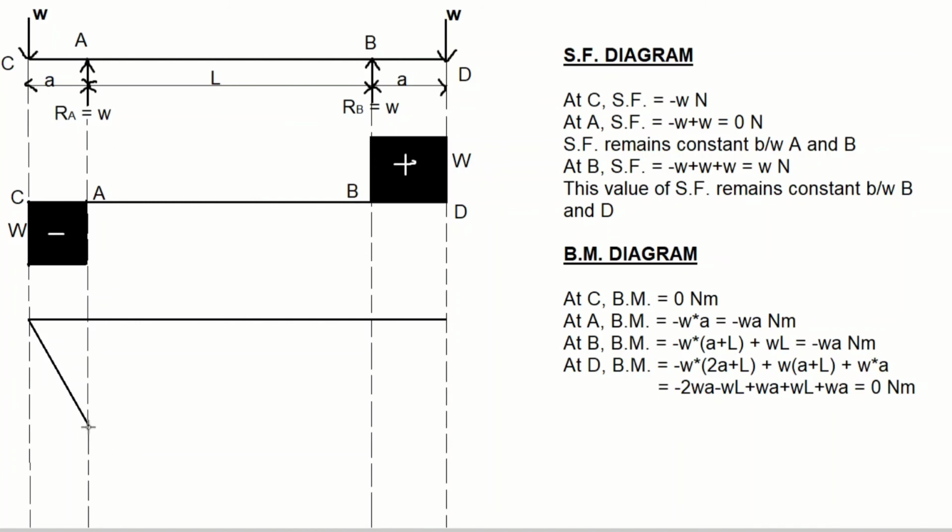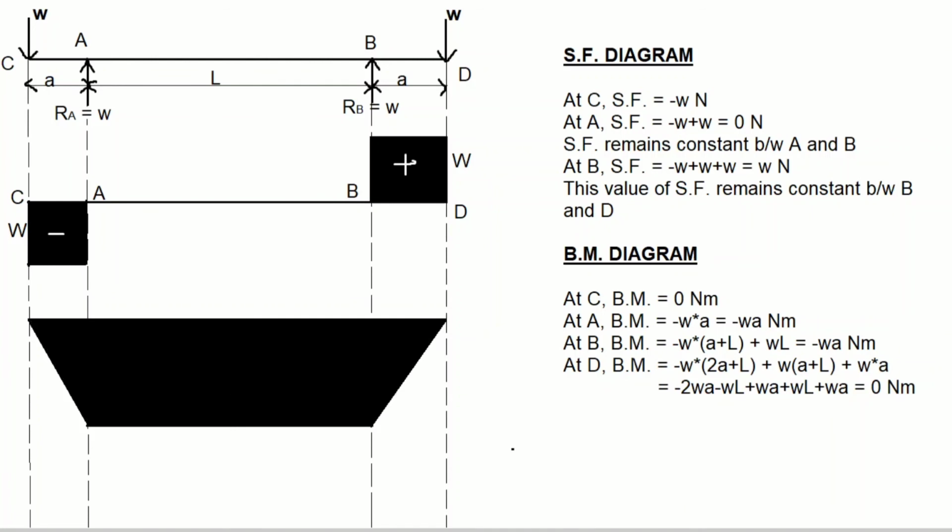Now, this value, that is minus WA, remains constant between the points A and B. So, let's mark that using a straight line like this. Now, this bending moment again decreases back to 0 at this end D. So, let's mark that variation using a straight line like this. So, this is the bending moment diagram, and we can shade this region and mark it as negative.